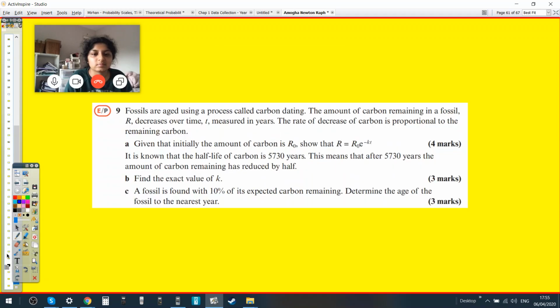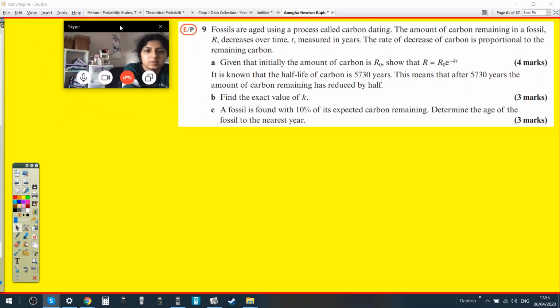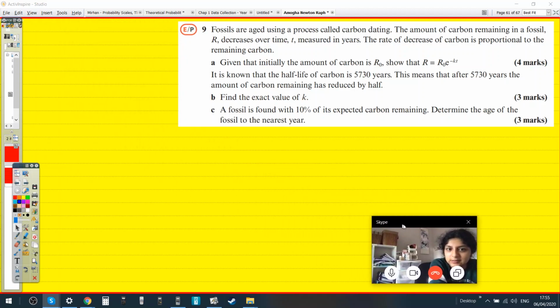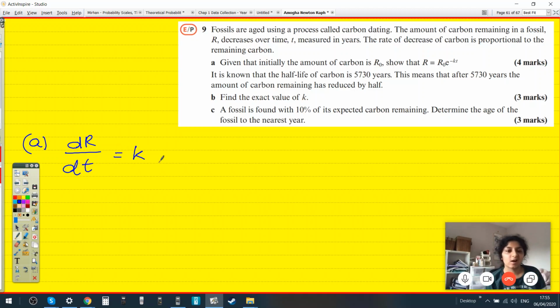Right. Wacky time. This is the very last one. So it says dr over dt is proportional. Would it be minus kr?